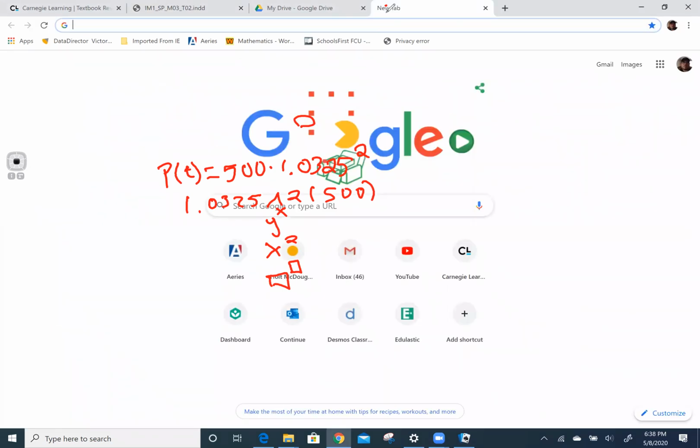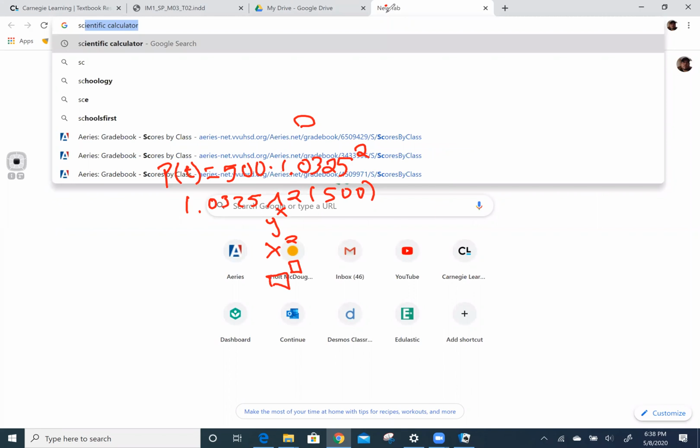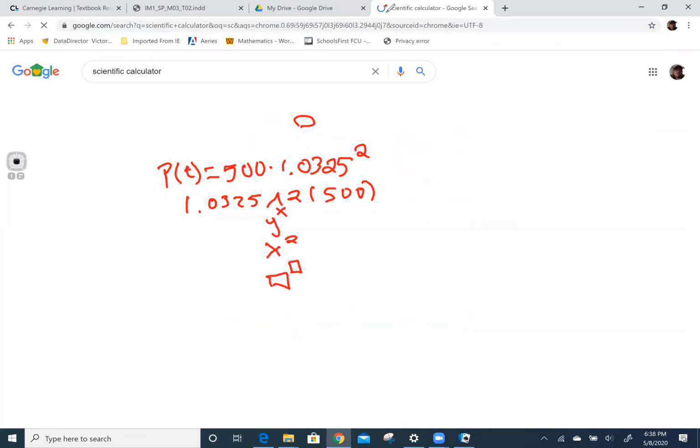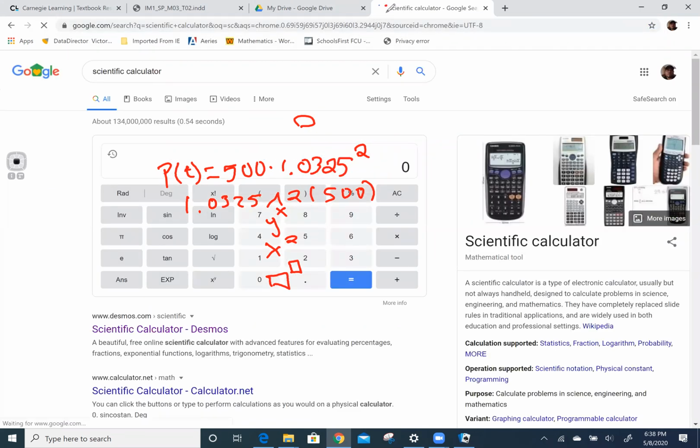So, oh, perfect. So let's go scientific calculator. And okay, so 1.0325, okay, x to the y, second power, equals, times 500.